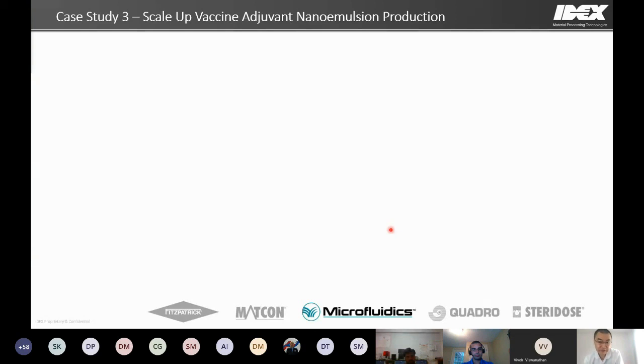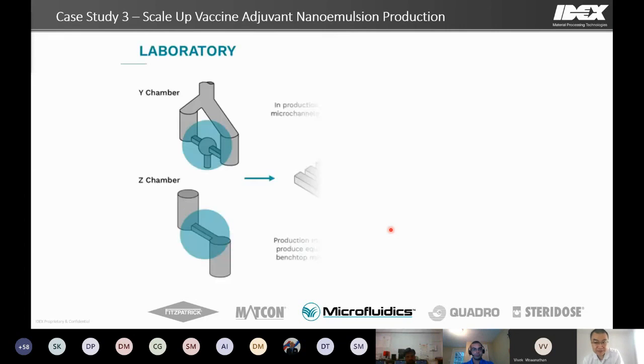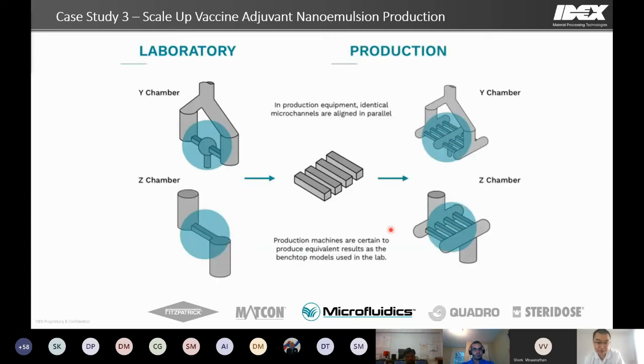We don't increase the size of the microchannel inside the interaction chamber, because doing that basically ruins all the parameters you developed on the lab scale. Instead, we use multiple parallel aligned identical channels. So as long as you keep the process pressure the same, the product will experience identical uniform shear and impact treatments inside each channel, and that achieves guaranteed linear scale-up results.